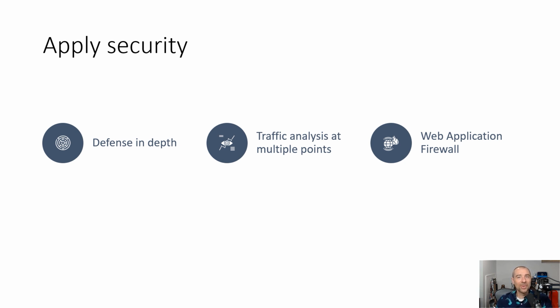It's not trying to do a SQL injection attack or something like that. So you weed out that traffic right away. And then you can do a deeper inspection of that traffic as it passes through various load balancers. So if you think about a typical 3-tier application, you might have a web front end. So that is going through a web application firewall and then some sort of load balancer, and then it's hitting your front end web servers.